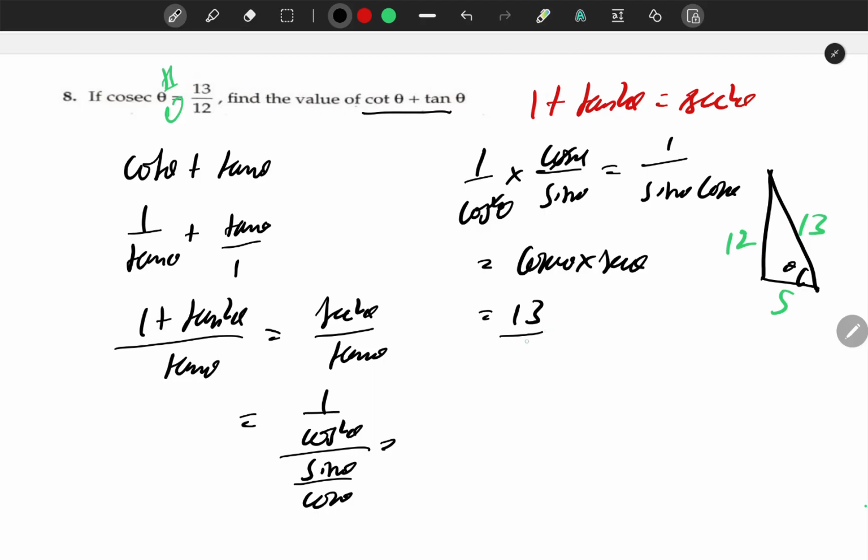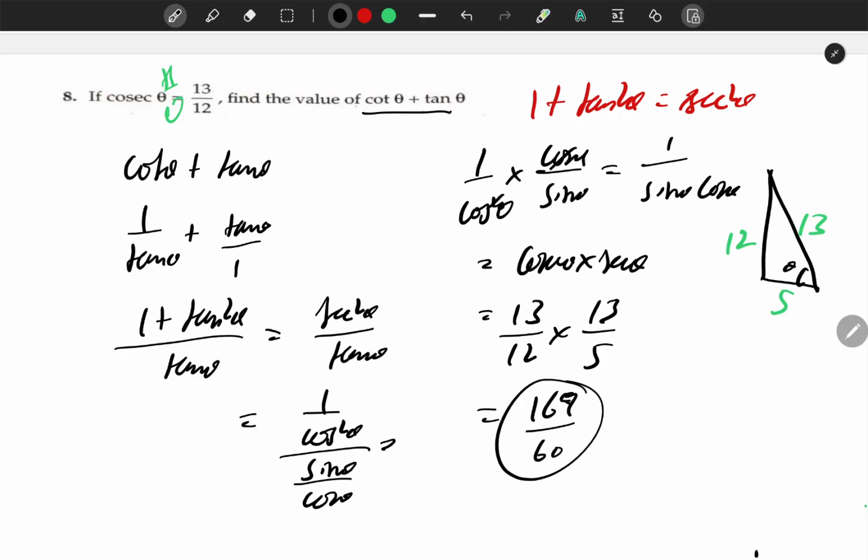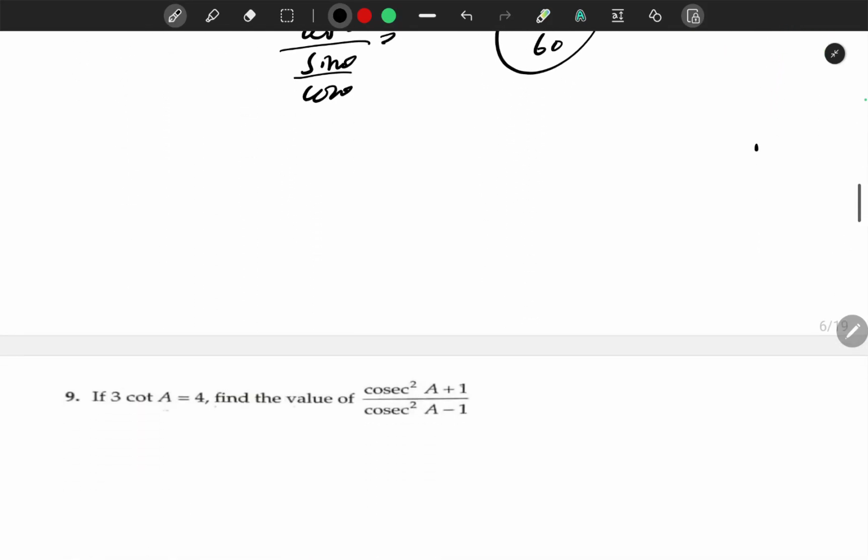Cosecant theta is 13 by 12. Secant means hypotenuse by adjacent. Hypotenuse is 13, adjacent is 5. So 13 into 13 is 169 and 12 into 5 is 60. So the answer is 169 by 60.